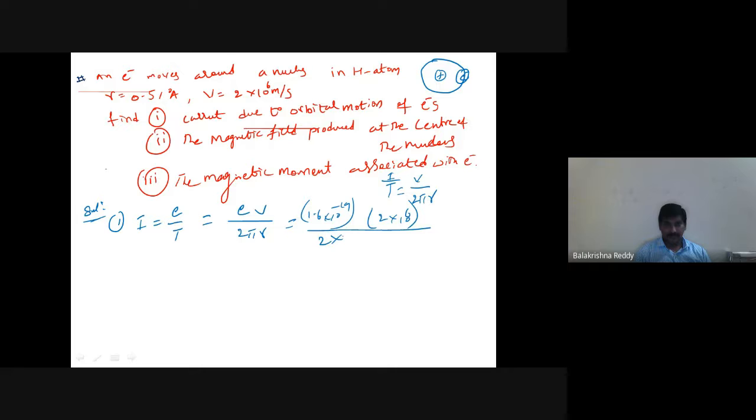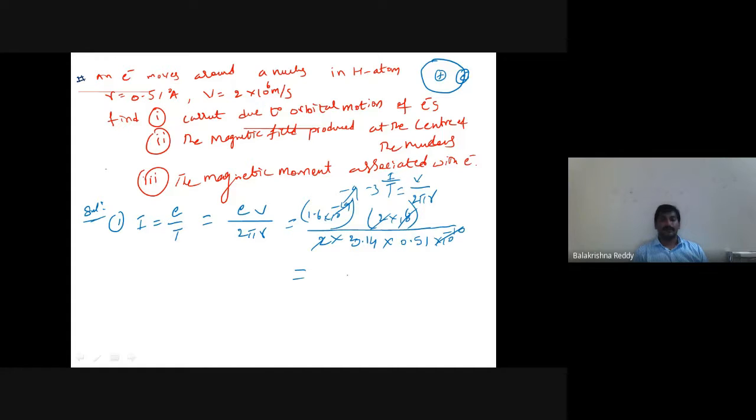Next, 2 into 22 by 7 or 3.14, and the radius given is 0.51 angstroms, which is 0.51 into 10 to the power minus 10 meter, since 1 angstrom is 10 to the power minus 10 meter. If you simplify, the 2 gets cancelled, and the powers 10 to the power minus 19 minus 10 give minus 9, plus 6 leaves minus 3.